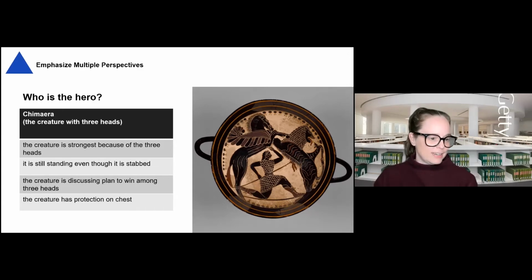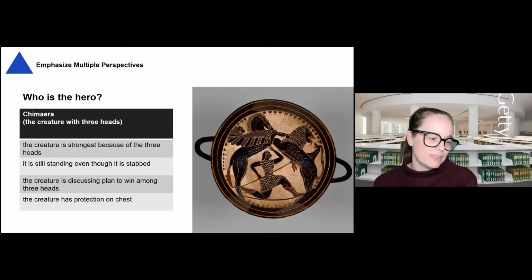And then the chimera, maybe because they have 3 heads. Maybe that makes them have the advantage and they're the hero. And then maybe because they're still standing, even though they've gotten stabbed, they don't look like they're falling down. They still look like they're in the fight. So maybe they're still winning. Maybe there's an advantage that the creature has because it has 3 different heads, and they could be deciding and plotting and figuring out a way to win the battle.